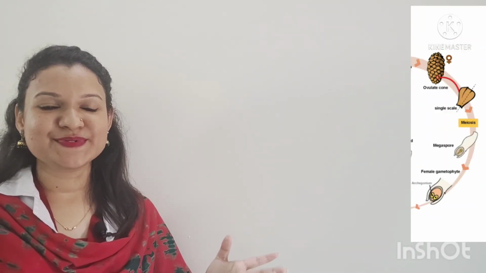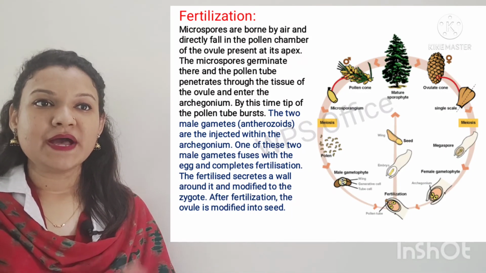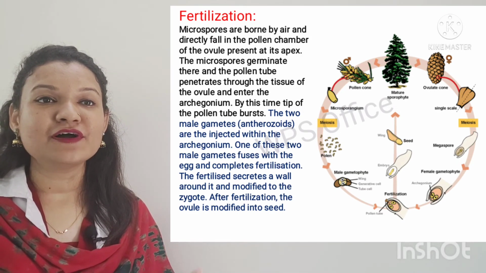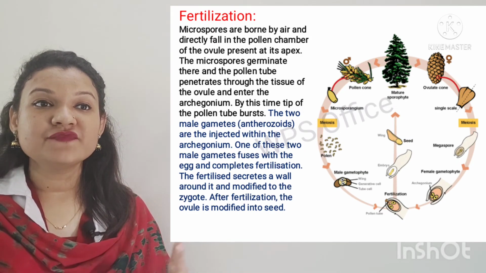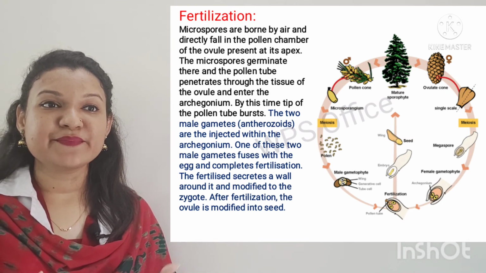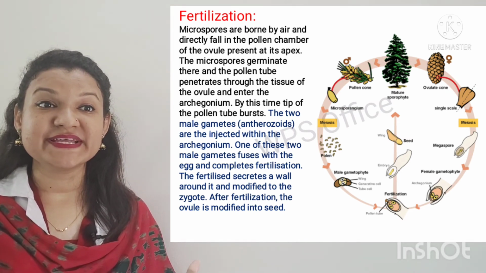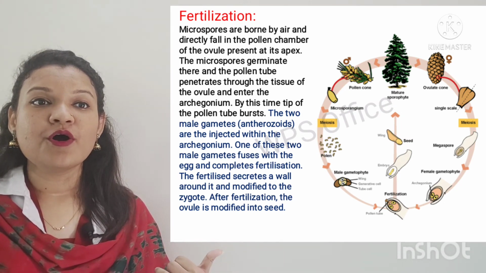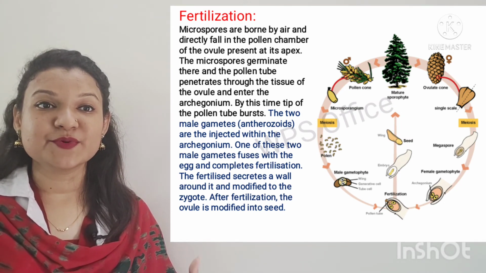So, now I will tell about the fertilization process of Cycas. Microspores are borne by air and directly fall in the pollen chamber of the ovule present at its apex. The microspores germinate there, and the pollen tube penetrates through the tissue of the ovule and enters the archegonium.